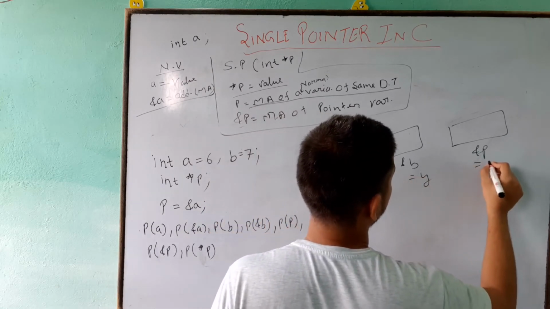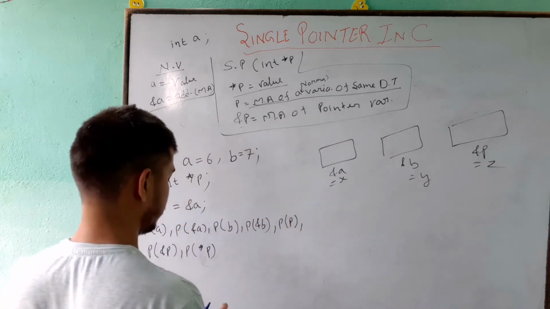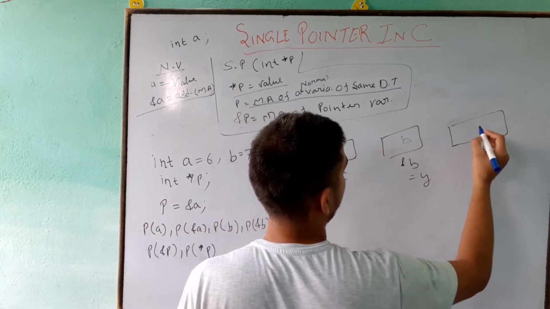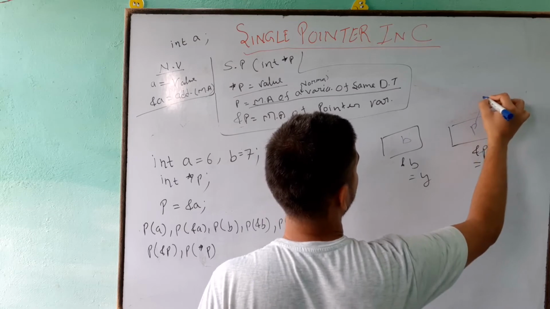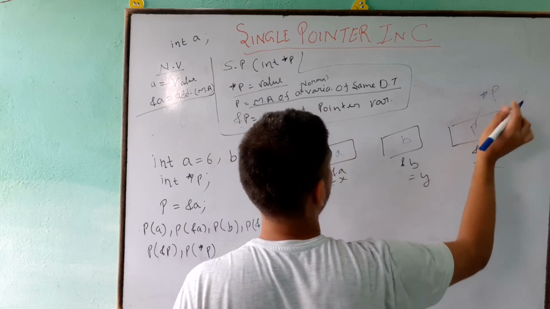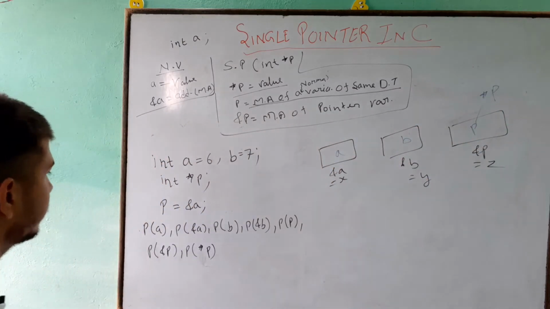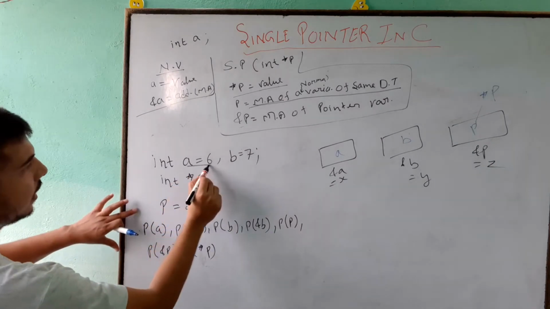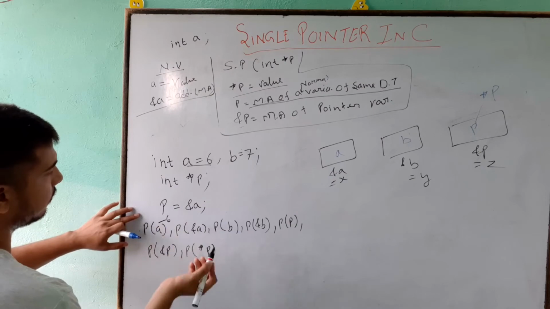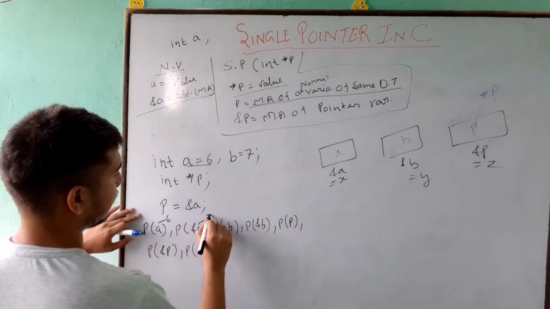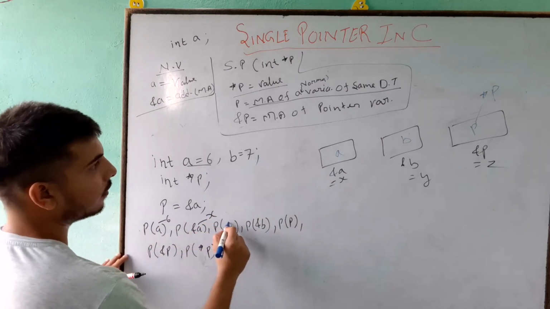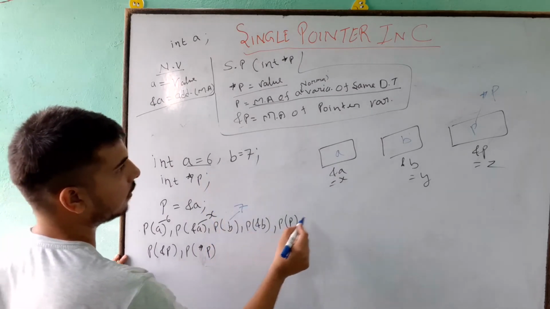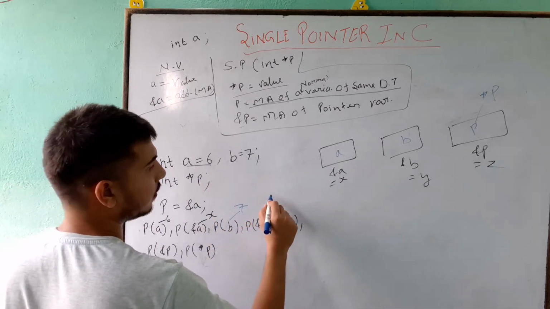This is a, this is b, and this is p, and we can also have *p. So printf of a will be 6, simple. &a is x, simple. printf of b is 7. printf of &b will be y.